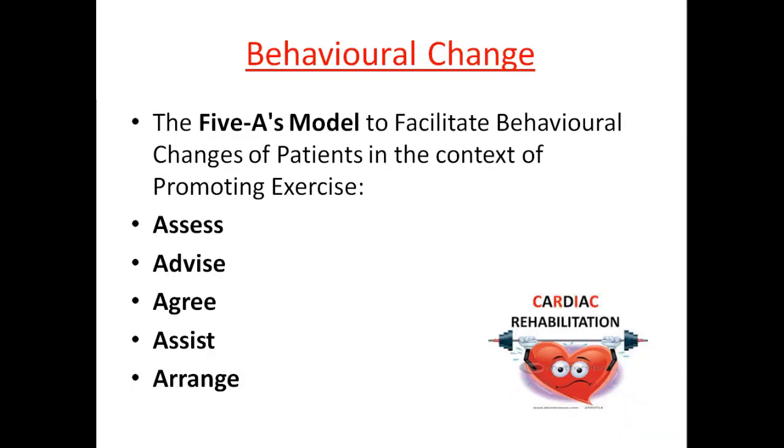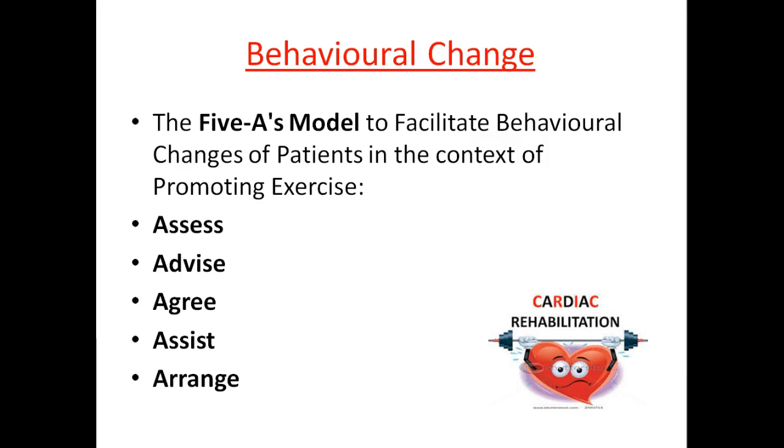So we're now going to cover some behavioural change in the form of the 5 A's. We've got to facilitate behavioural change in patients in the context of promoting physical activity and exercise. So we've got to assess what's going on with them, maybe assessing the barriers to exercise.